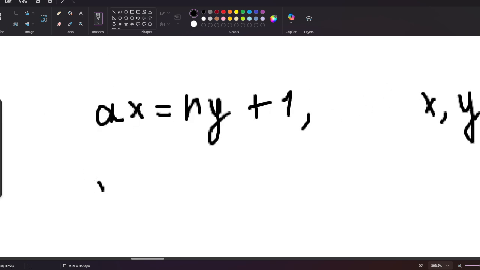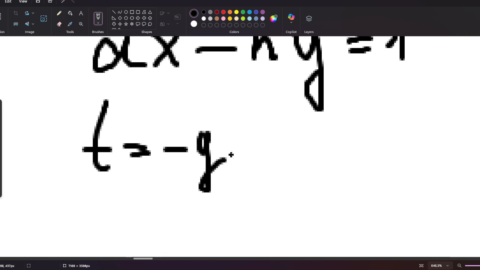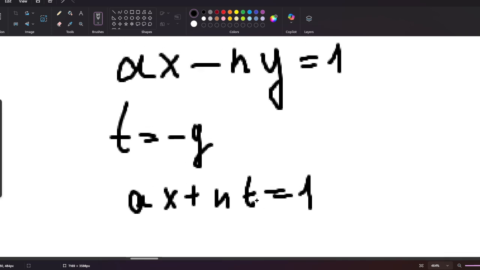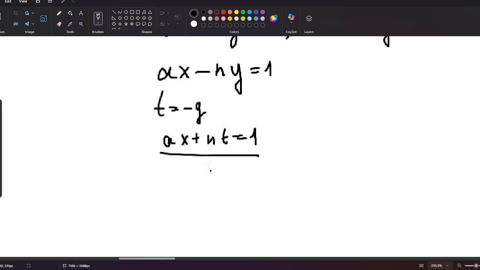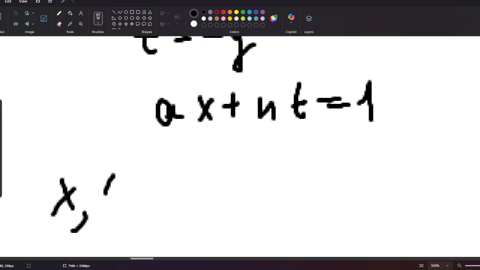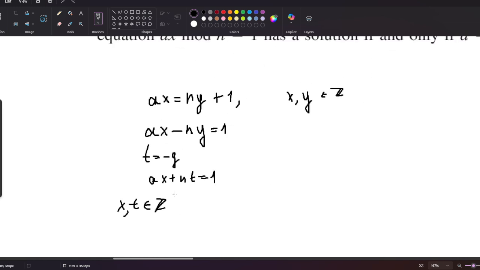Now let's move ny to the left-hand side. ax minus ny equals 1. Let's say there's some number t equal to negative y. So this can be written as ax plus nt equals 1. Now, we know that for a statement of this form, with x and t arbitrary integers, the lowest positive sum like that is going to be the greatest common divisor.